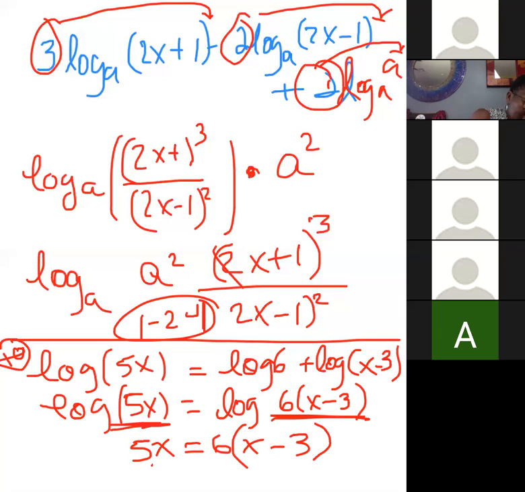So 5x will equal 6x minus 18. So what would x equal for this one, guys? x would equal what? Come on, everybody. 18. Very good, Sarah. Very good, Gabby.